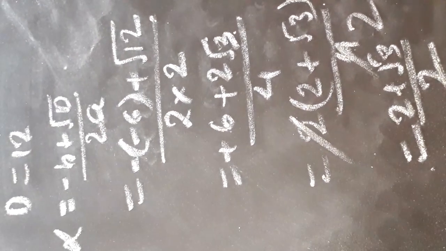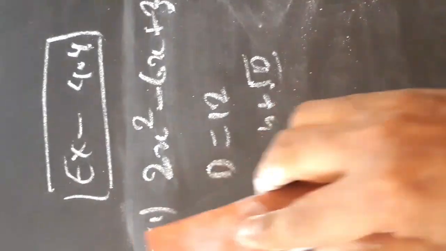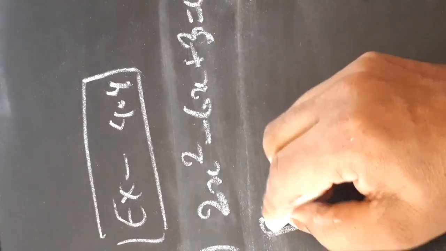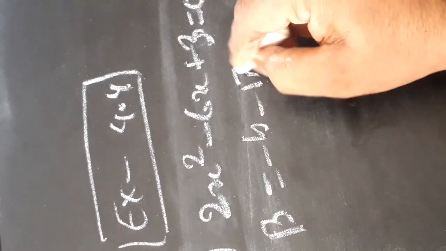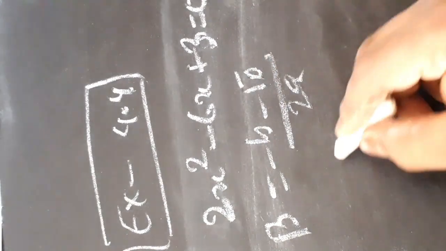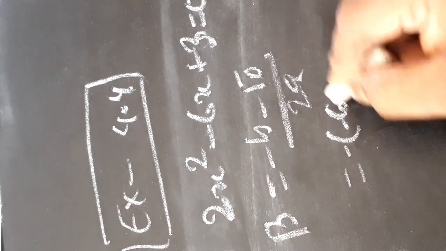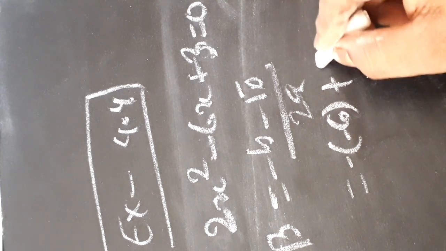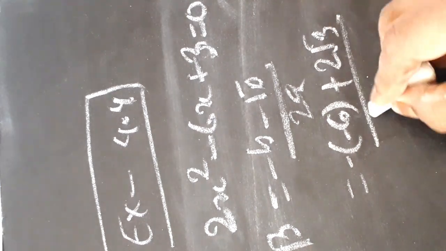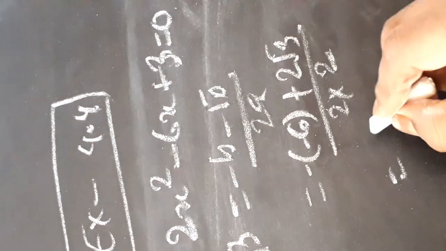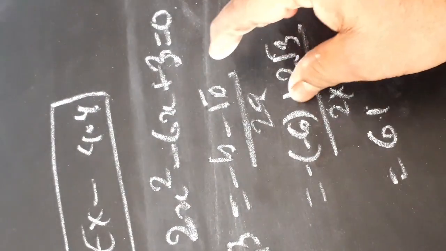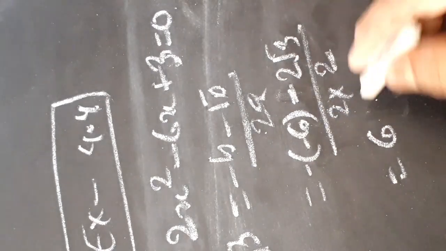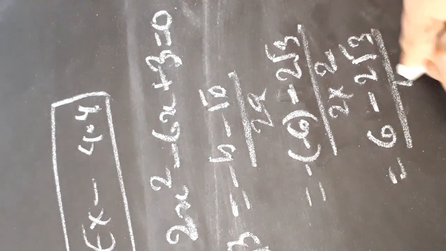Now we will find the value of beta. Beta is (−b − √D) upon 2a. Minus b means minus of −6, so 6 minus √12, which is 2√3, upon 2 into 2. Sorry, this is not plus, this is minus here. In beta we put minus. So (6 − 2√3) upon 4.